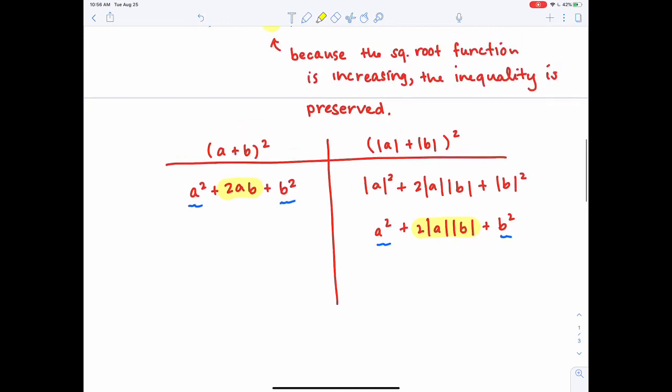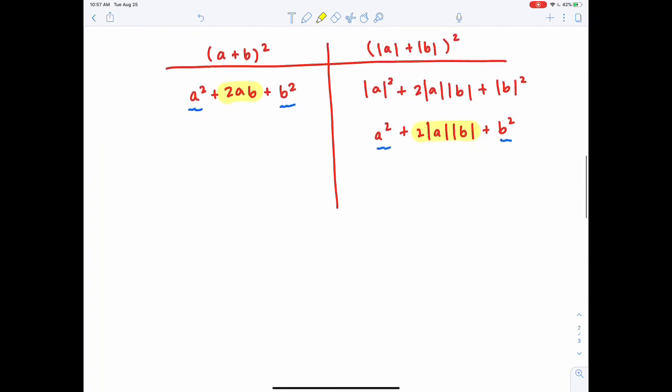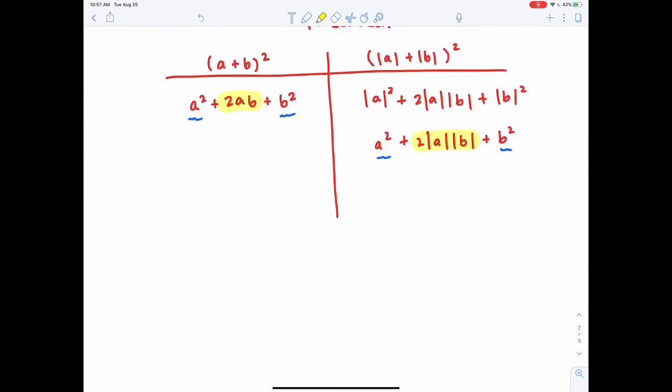Well, if you go back up to one of our facts, remember we pointed out earlier that when you have a real number, it's always less than or equal to its absolute value, depending upon whether or not x is positive, negative, or 0. So we're just going to get that direct inequality here.